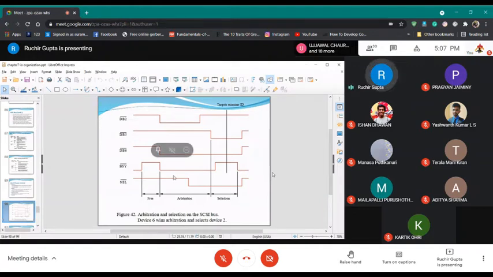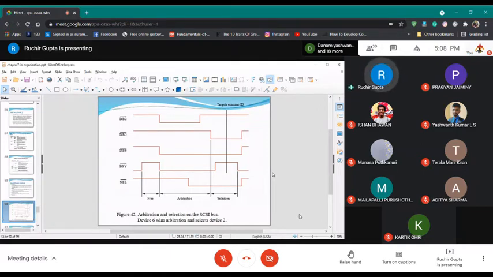So first of all, a busy signal will be asserted by the devices that want to use the bus. They will see if they are the device with the highest number. In fact, we should say controller. If they are the device with the highest number, they'll keep on making the transfer. If not, they will withdraw.